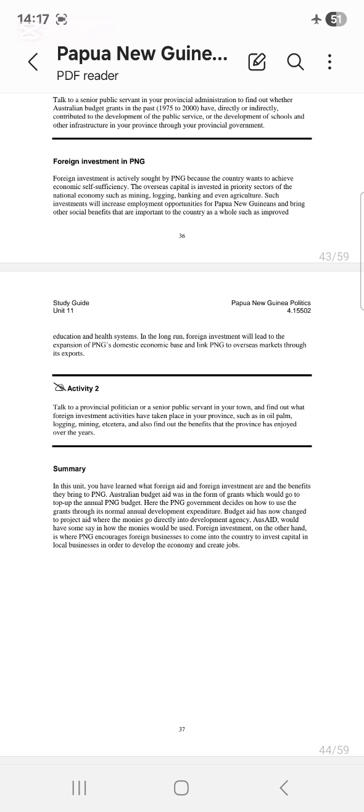When we say overseas capital, we are referring to monies coming from outside. Now, monies coming from outside can also be foreign aid. But the difference here is that money coming from outside is invested.